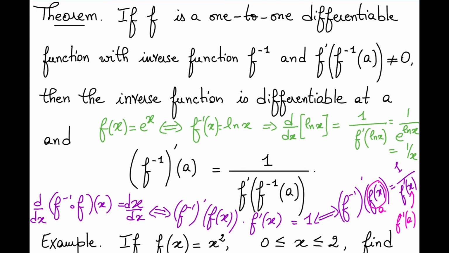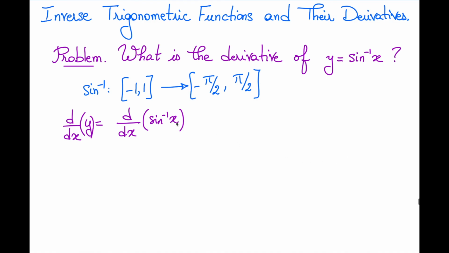Let me go back to the page. We are here. So based on that theorem, I can either use the theorem or, you know what? Okay, fine, let's do it. So this is equal to 1 over the derivative of the sine function, right?